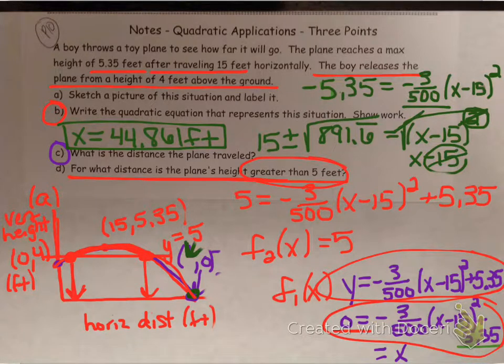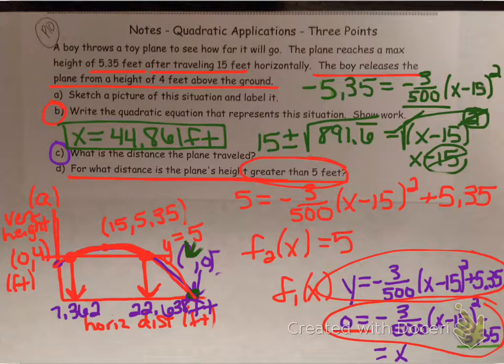Okay, and when you have your calculator solve for the points of intersection, what you figure out is that in between 7.362 and 22.638 feet is where the plane is above 5 feet in the air.